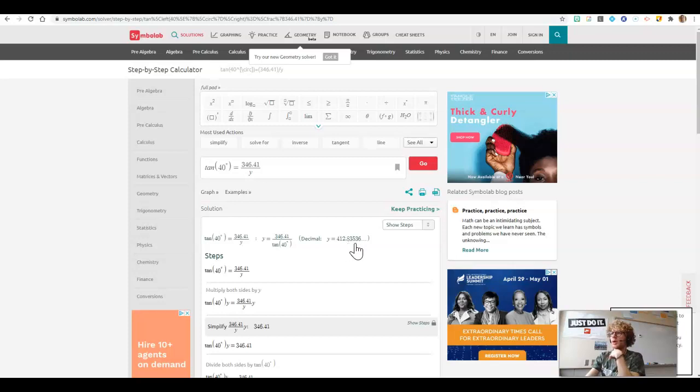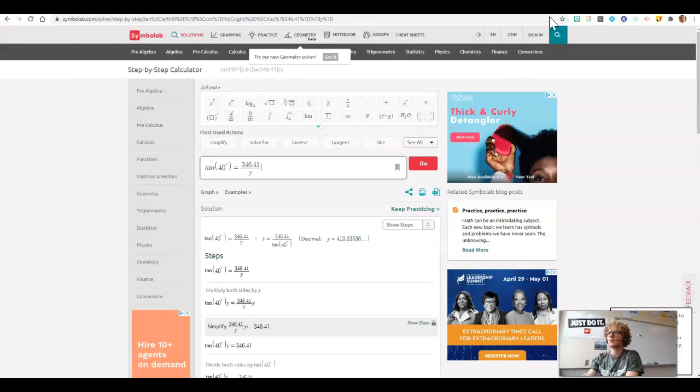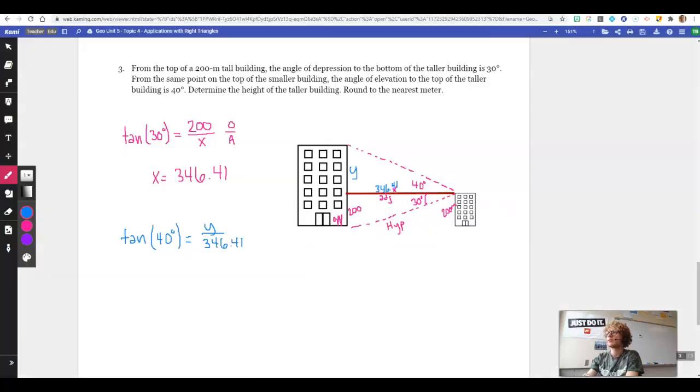I like rounding to the hundredth while I'm working. It's just nice. So that was 412.84. Okay, so that is this distance right here.